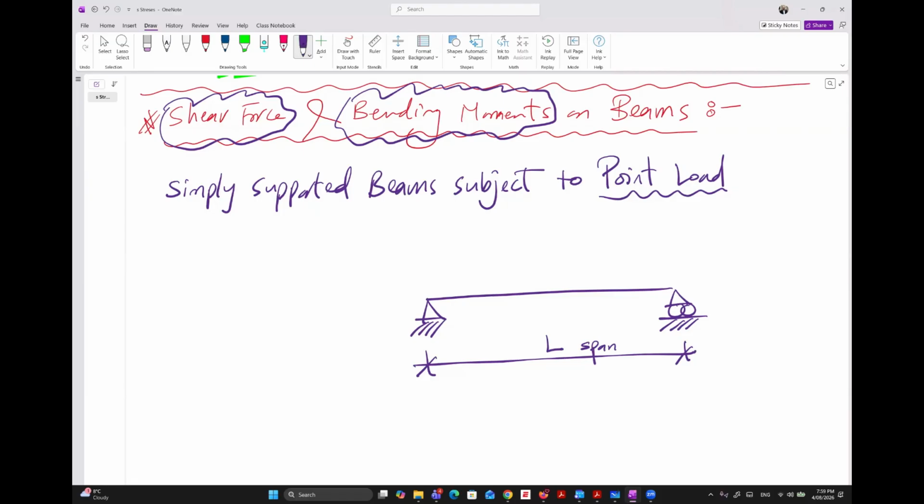Yes. Okay. So the case we have, if we have a point load at one point in the middle, we will give it symbol B. So if we have point A and point B and point C, we need to know how to find shear force and bending moment on this beam.